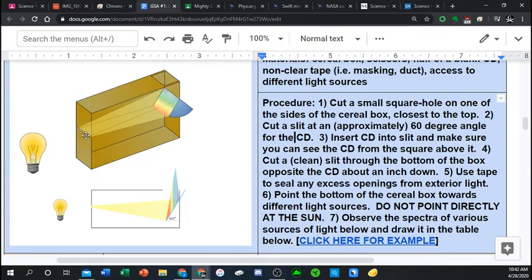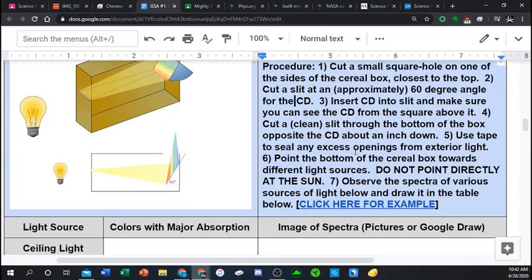I'm going to grab my prototype after I go through C, just so you can kind of see, literally, that you want that to be as clean as possible to get this to work. All right. So this is the side view, hole over the top, 60-degree angle, insert the disc in, viewing for the light source over here. All right.